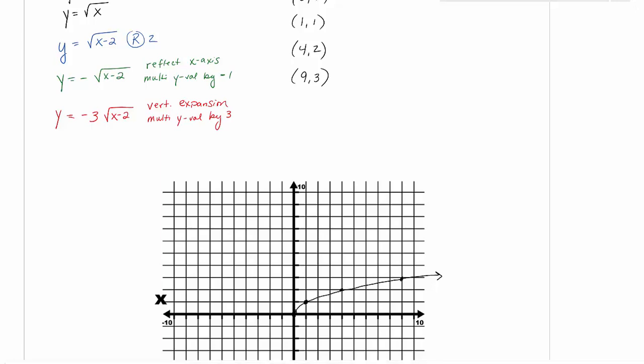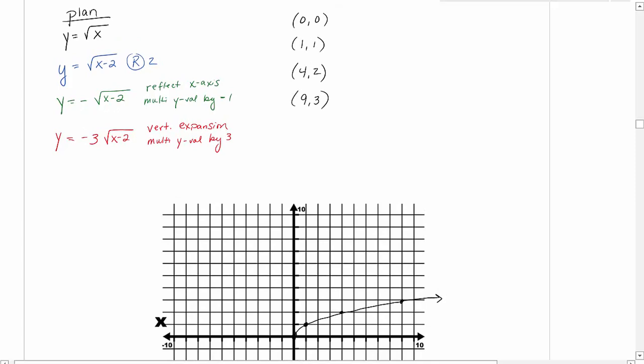Now that we have our parent function graphed, we're ready for our first transformation. And remember, if you're ever having trouble keeping up with the video, make sure to pause it and carefully draw on your graph and then replay the video.